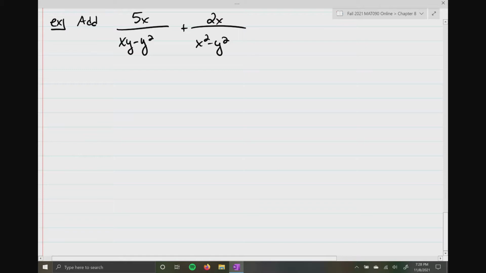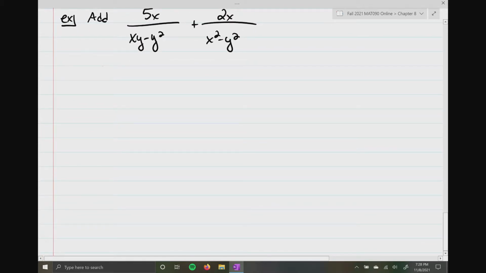All right, so step 1. Find the LCD. Now remember, you're going to take the denominators and factor. So my first denominator, I can definitely factor out a y. So that's going to give me y times the quantity x minus y. Okay?